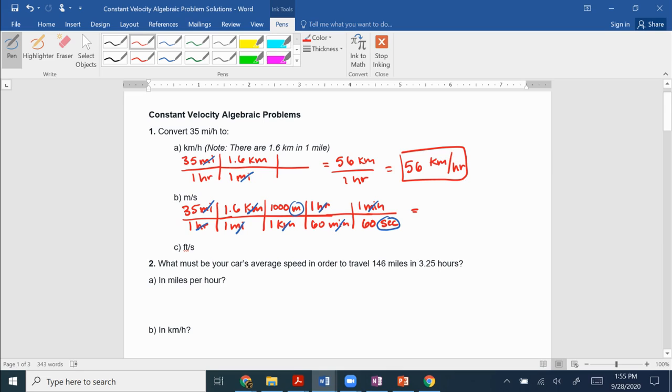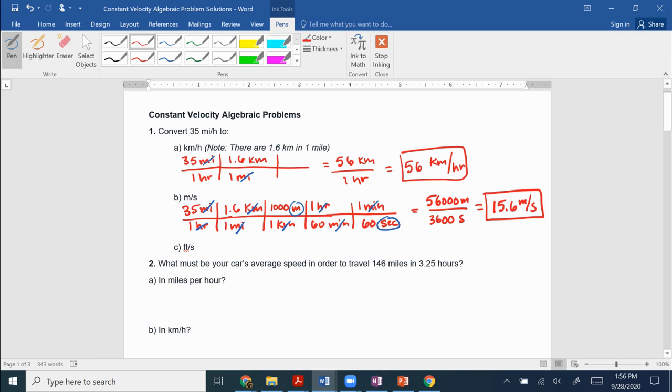So 35 times 1.6 times 1,000 times 1 times 1 is going to give me 56,000 meters over 1 times 1 times 1 times 60 times 60, which is 3,600 seconds. So 56,000 divided by 3,600 is 15.6 meters per second.